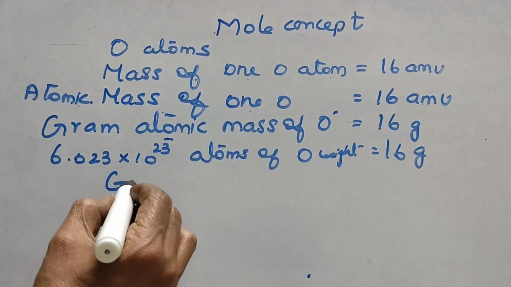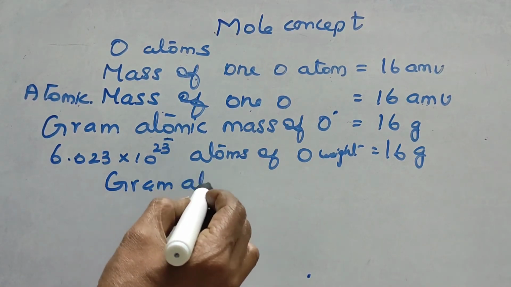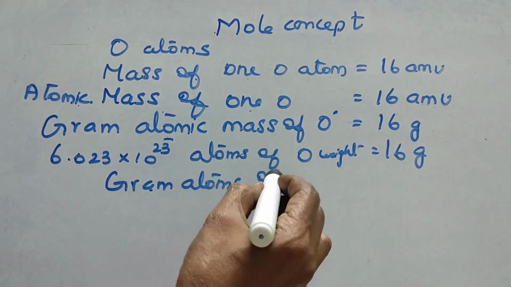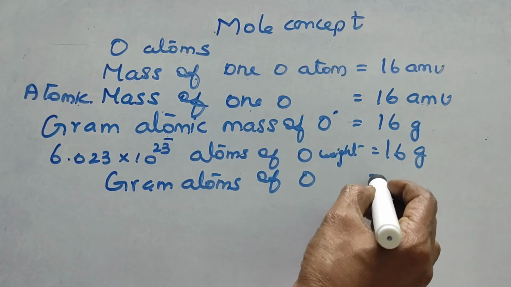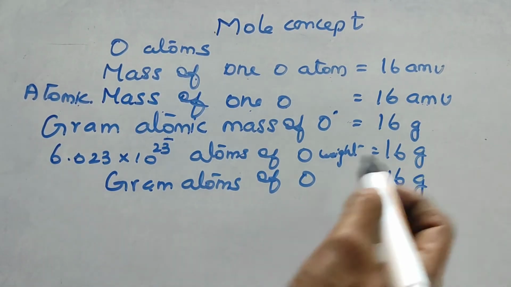One more way, gram atoms of oxygen equal 16 gram.